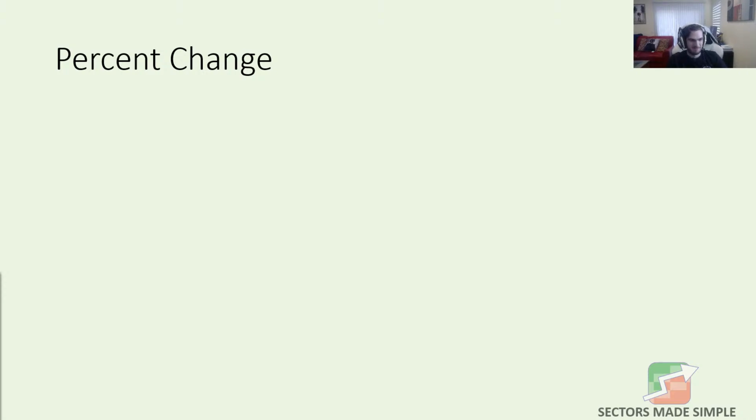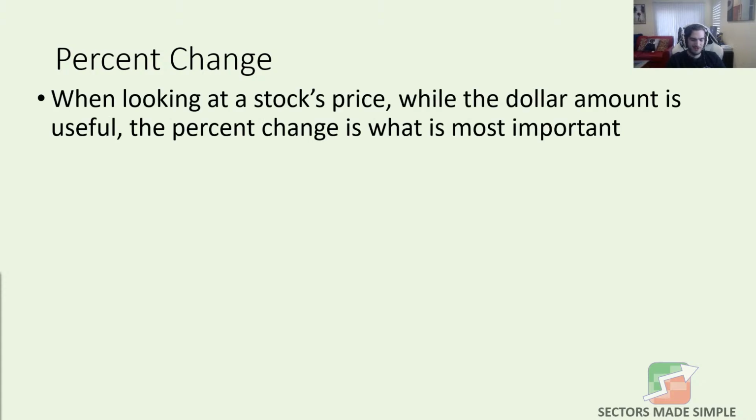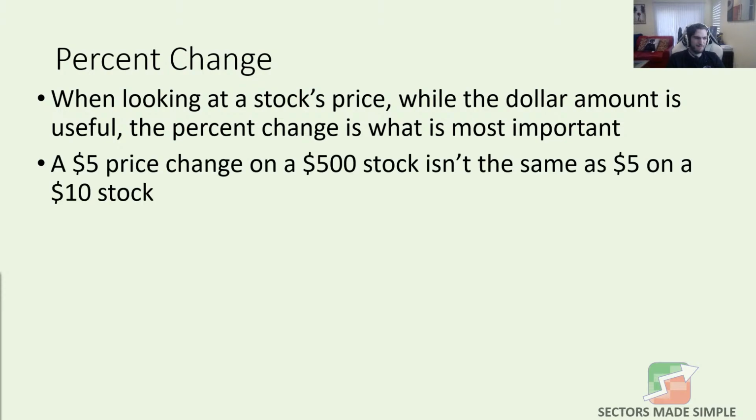Percent change. When we're looking at a stock's price, the dollar amount is useful. But the percent change is a lot more important. Because if, like I've said before, we have a $5 price change on a $500 stock, it's 1%.